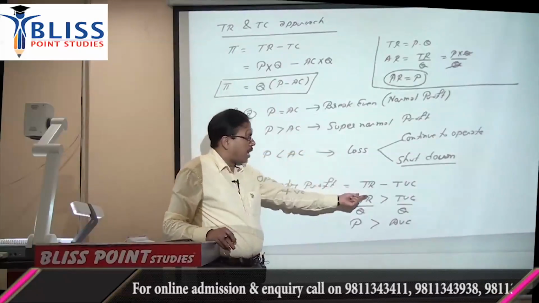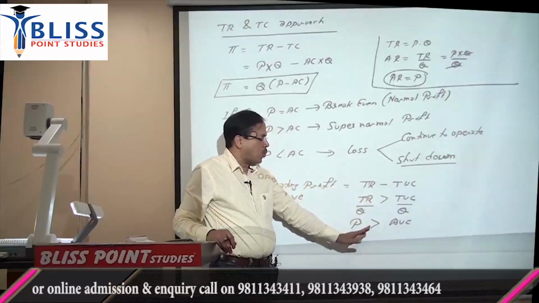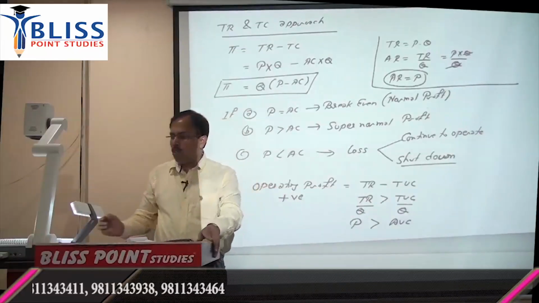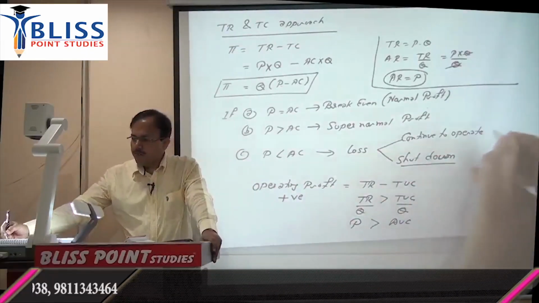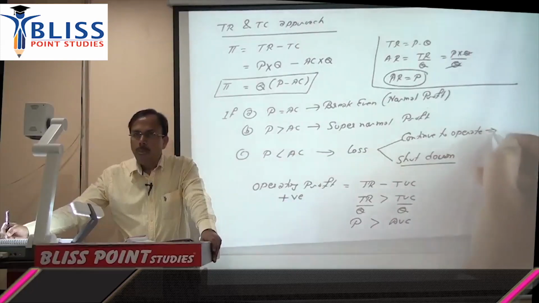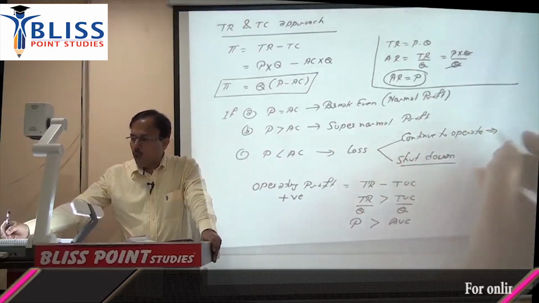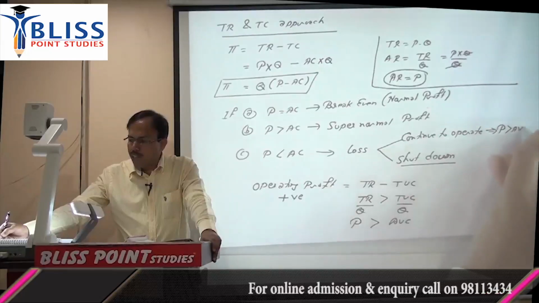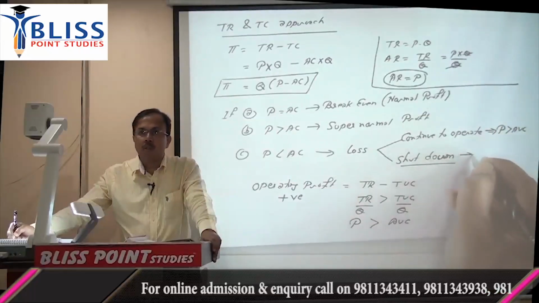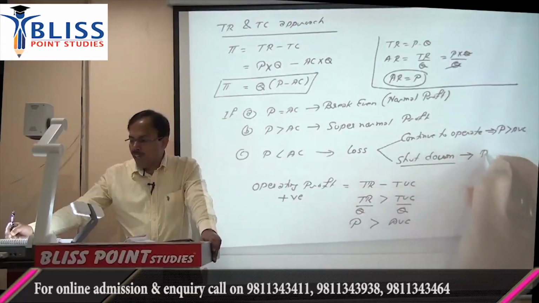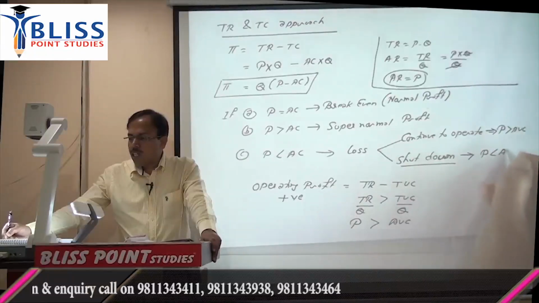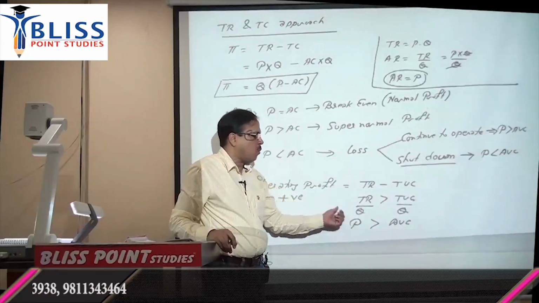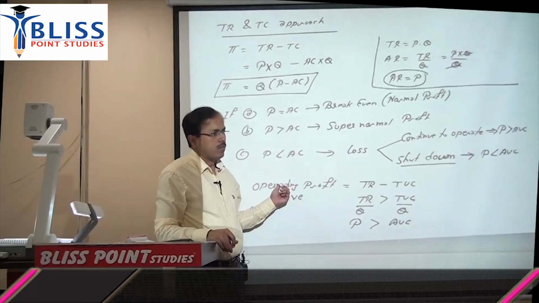So if TR by Q is greater than TVC by Q, it means P greater than AVC है. तो firm will continue to operate if, बताओ यहाँ कंडीशन क्या लिखेंगे? Firm will continue to operate so long as price is greater than average variable cost, and firm will prefer to shut down when price is less than average variable cost, because when price is less than average variable cost there will be operating loss.